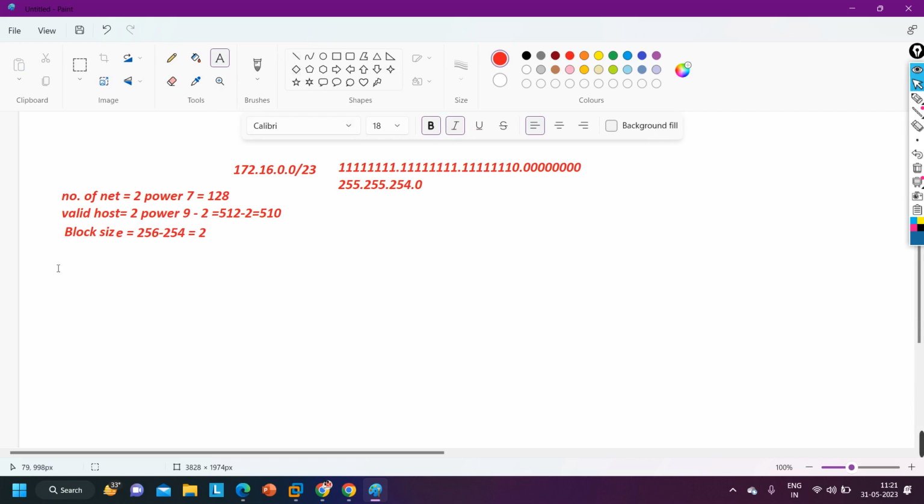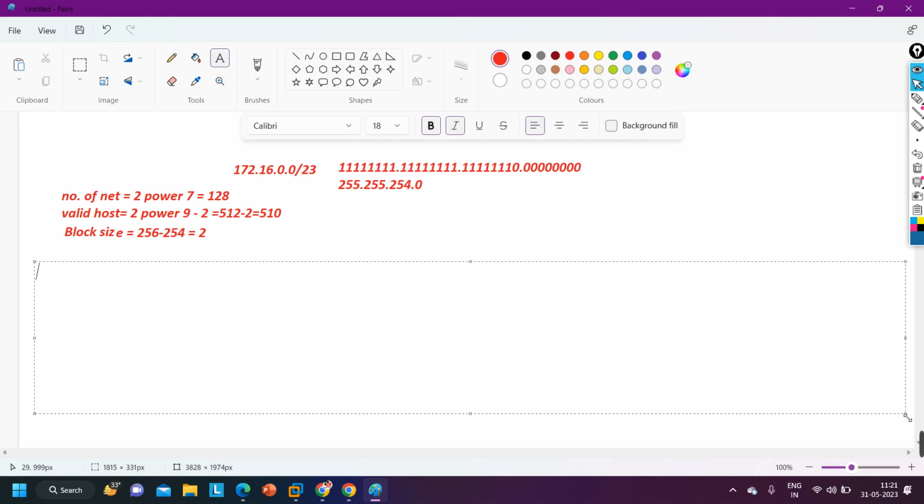So there are 128 networks. If I talk about the first network, can anyone tell me what the first network is? The first network is definitely 172.16.0.0. Second network 172.16.2.0. Third network 172.16.4.0.